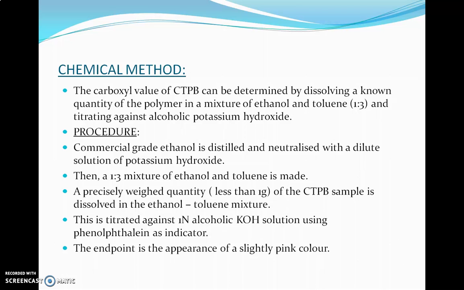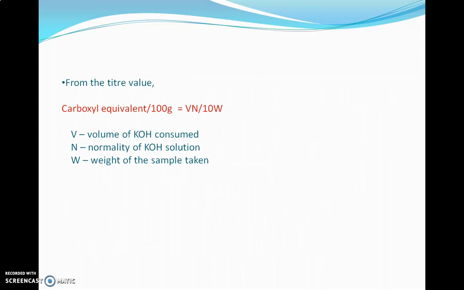From the titer value, the carboxyl equivalent per 100 gram will be equal to VN by 10W, where V is the volume of potassium hydroxide consumed, N is the normality of potassium hydroxide solution, and W is the weight of the polymer sample that we have taken.